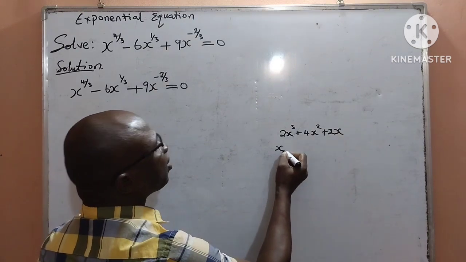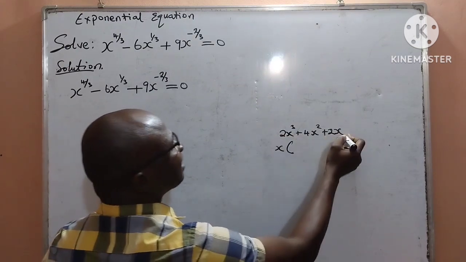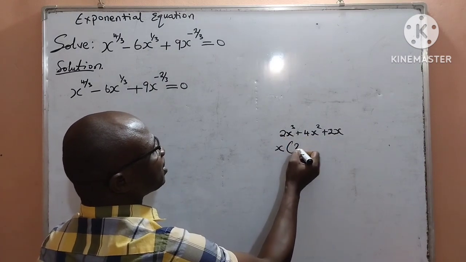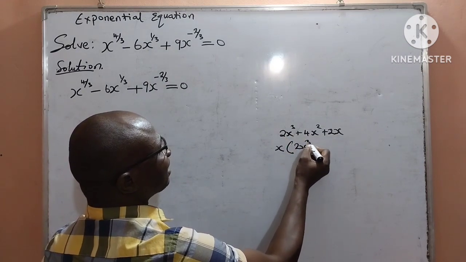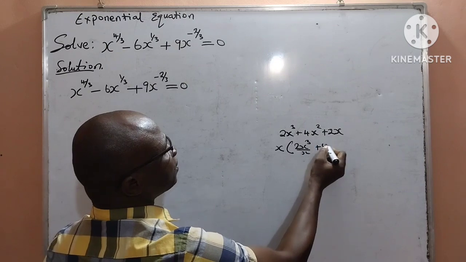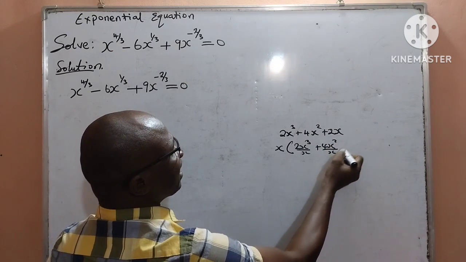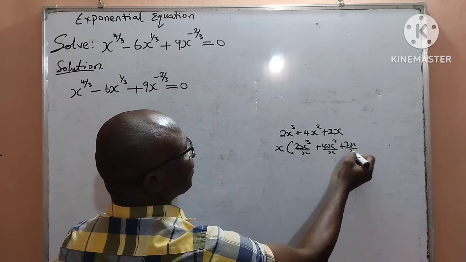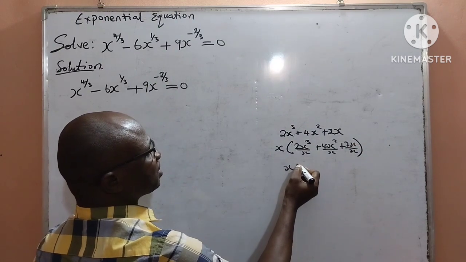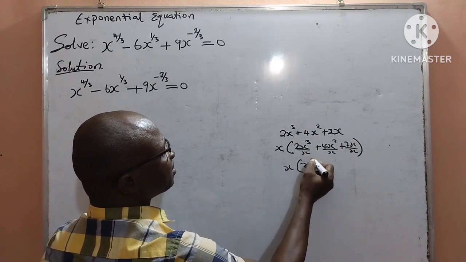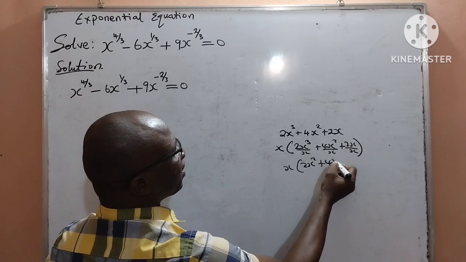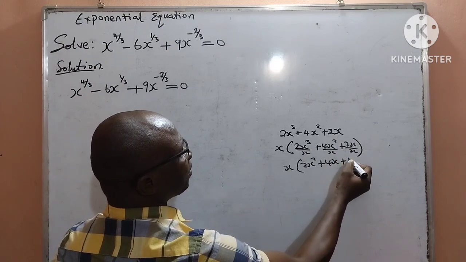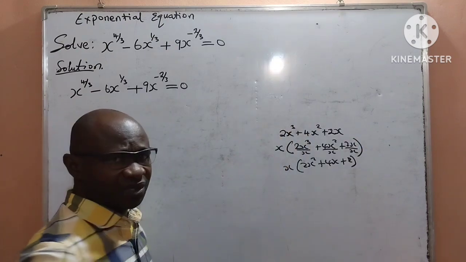So I can now factor x outside, meaning what will be left is 2x raised to power 3 over x plus 4x raised to power 2 over x plus 2x all over x. And when I do this, it gives me 2x raised to power 2 plus 4x raised to power 1, then plus 2. This is what this will result.